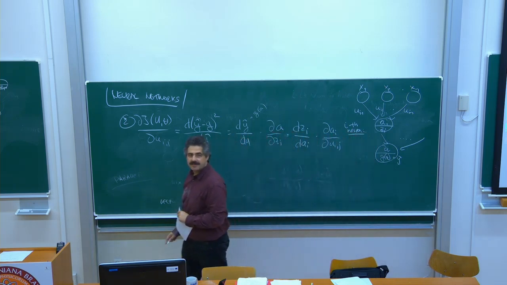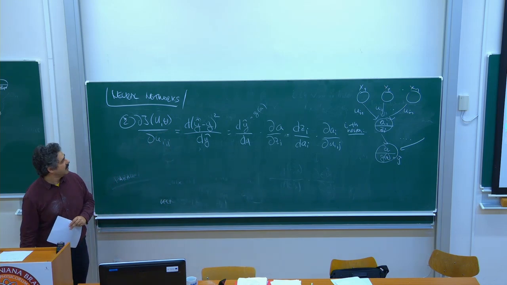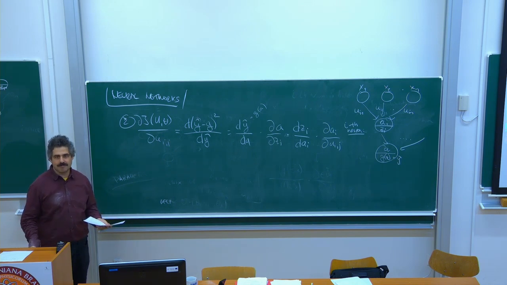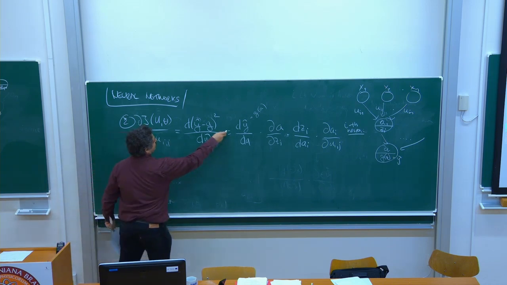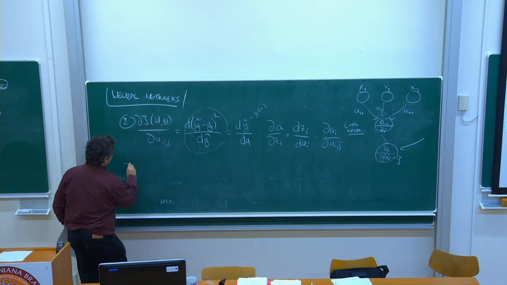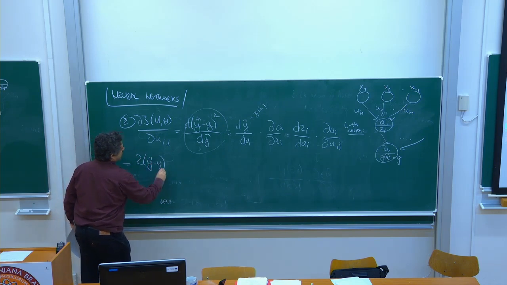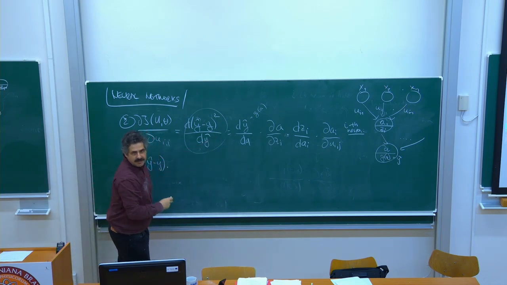And I'm there. So it looks like a rather long chain rule, but it's at least simple. I mean, each of these terms is actually simple, right? Well, this one is simple, we have done that before. So this is 2 times y hat minus y. This one is simple, we have done, yep.